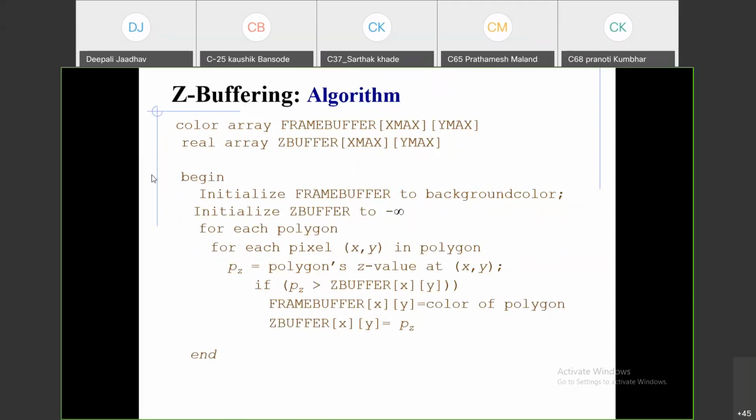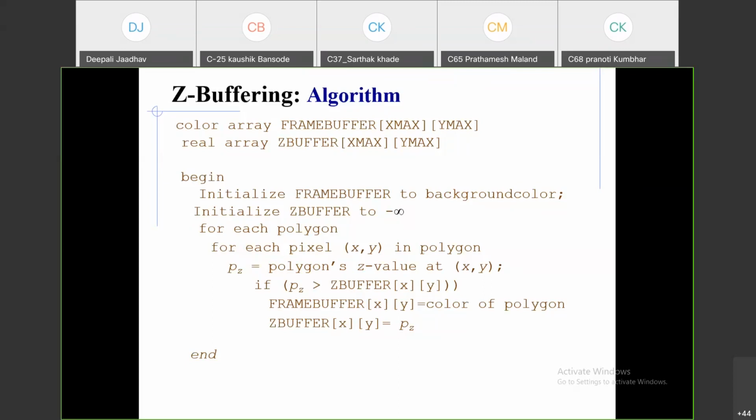So here there are two arrays. I told you previously, the frame buffer and the z buffer. The frame buffer stores the colors for each x and y coordinate, and the z buffer stores the z value. Again, these are stored as two-dimensional arrays, indexed by both x and y values. Begin. Initialize the frame buffer to background color. So initially all the frame buffer values, suppose there are 100 pixels, all 100 pixels are stored with the background color.